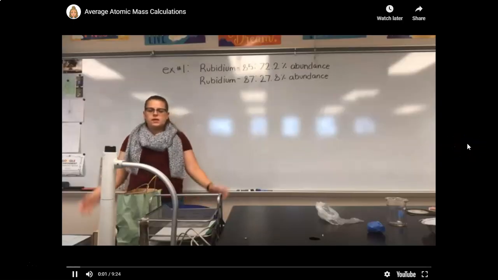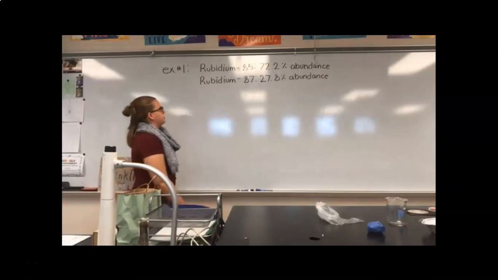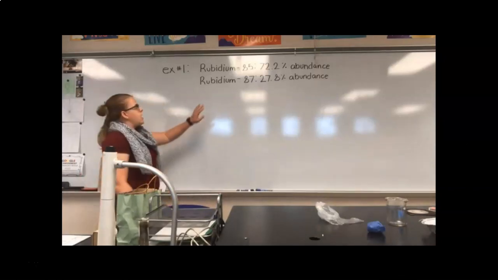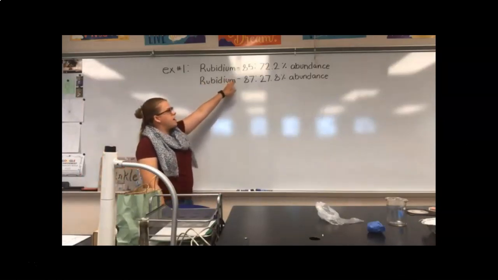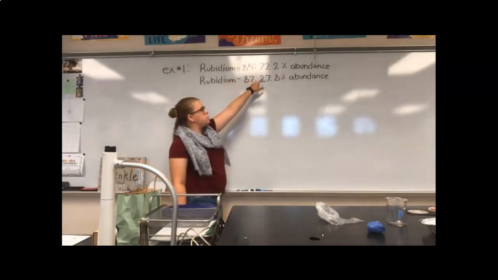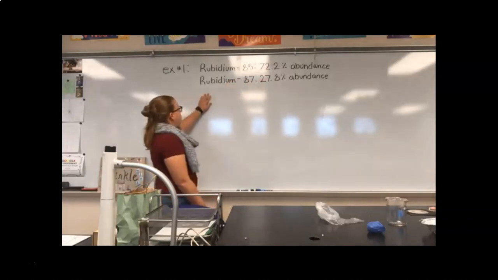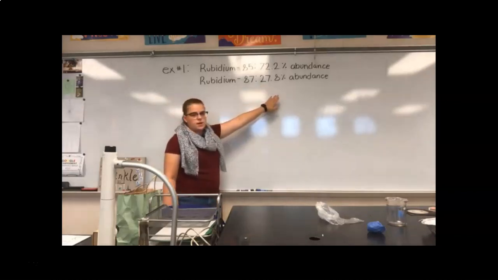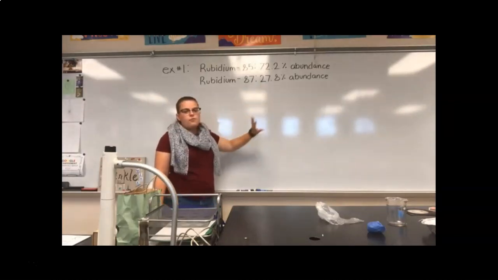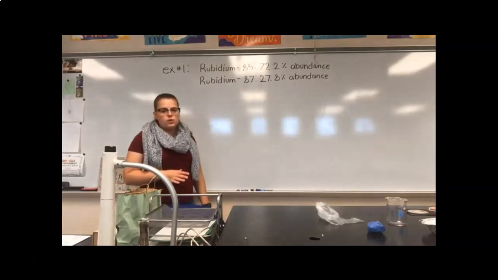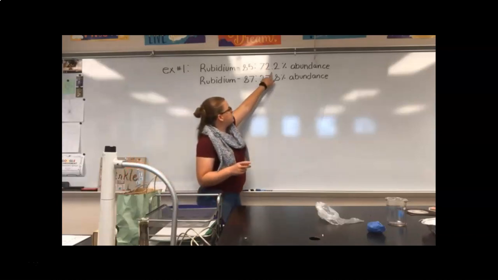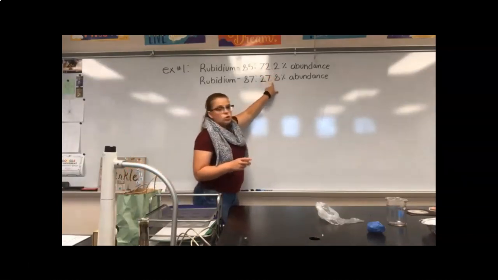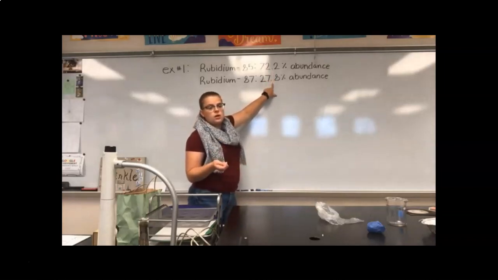Okay, so let's do an example of these types of calculations. Example number 1, we've got rubidium-85 with a 72.2% abundance, and rubidium-87 with a 27.8% abundance. Now the first step we always want to do, since we need to use the decimal form of the abundance, is to convert these two percentages to decimal numbers.